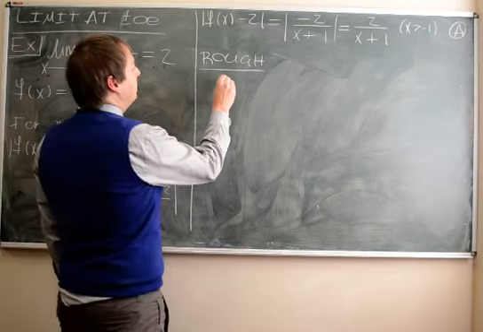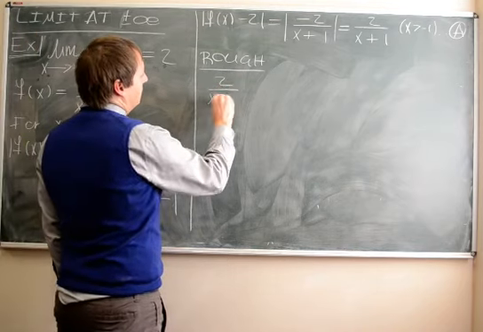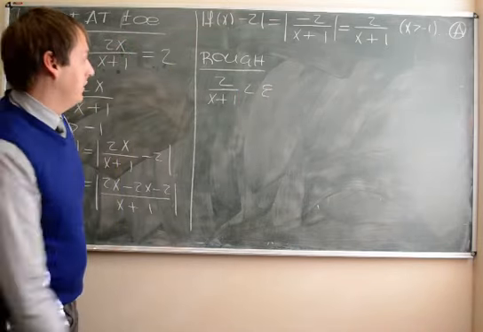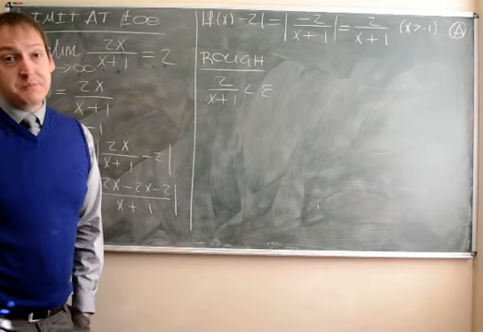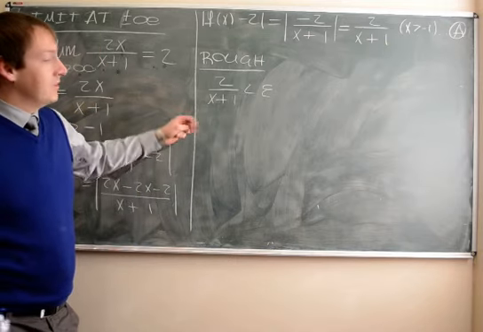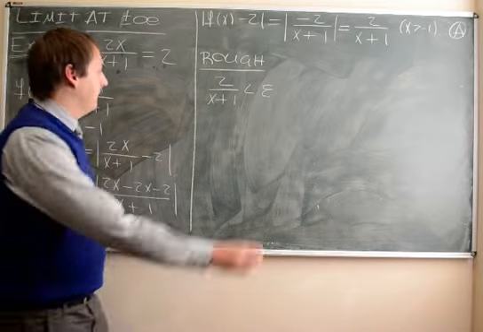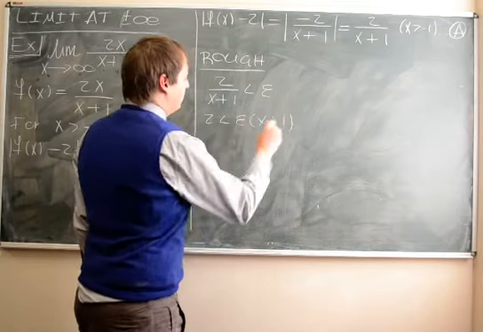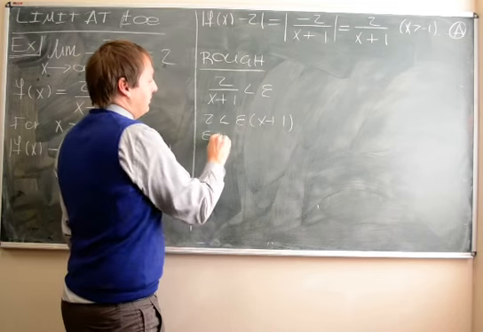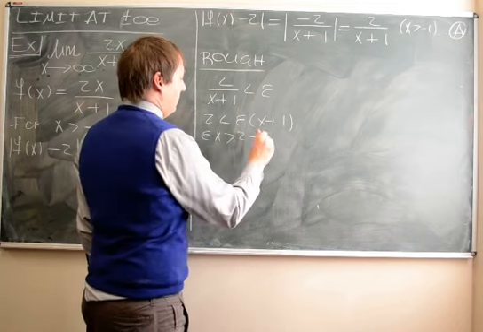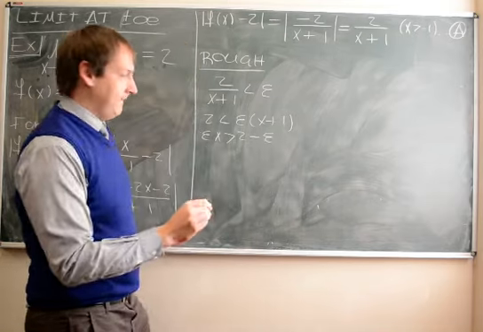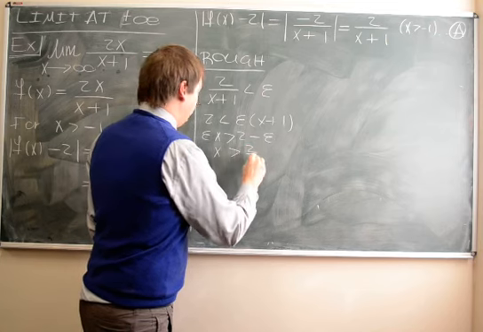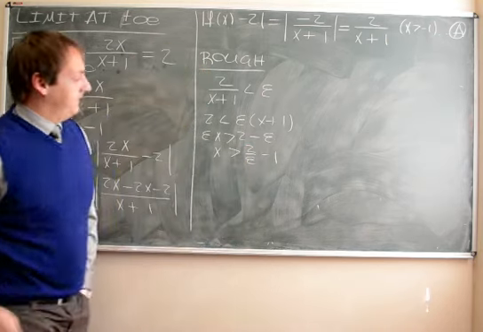What we want is 2 over x plus 1 to be less than epsilon. Multiplying by x plus 1, which remember is positive because x is bigger than minus 1, we get 2 less than epsilon times x plus 1, or then epsilon x bigger than 2 minus epsilon, or then x bigger than 2 over epsilon minus 1.